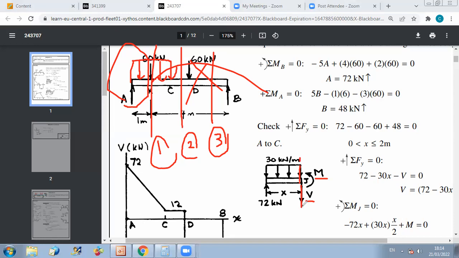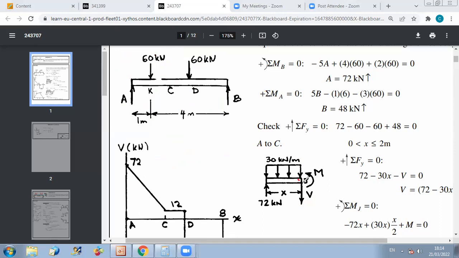So all I need to do then is to apply on this part sum of y equals 0 to get V, and sum of moments about, you can take any point, but the easiest one will be to take the section point here. Why? Because in case you did a calculation error for V, this will not affect the bending moment value.